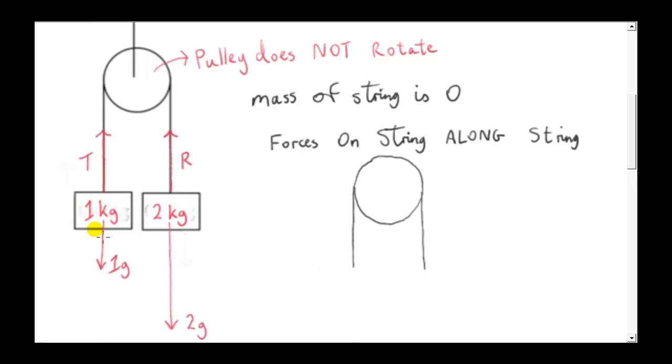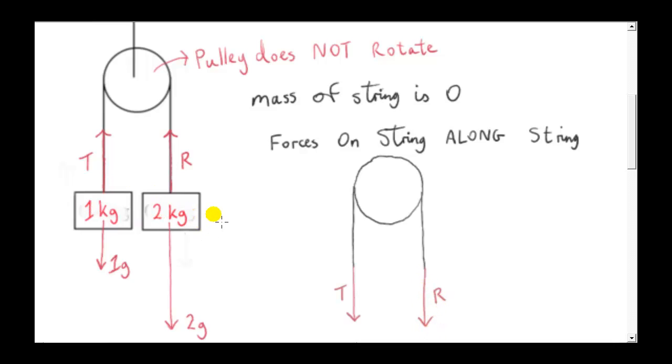The force on the 1 kilogram mass due to the string is T. So by Newton's third law, the force on the string due to the 1 kilogram mass is equal but opposite, so it's also T. Similarly for the other side of the string. The force on the 2 kilogram mass due to the string is R. So by Newton's third law, the force on the string due to the 2 kilogram mass also has magnitude R, but points in the opposite direction.